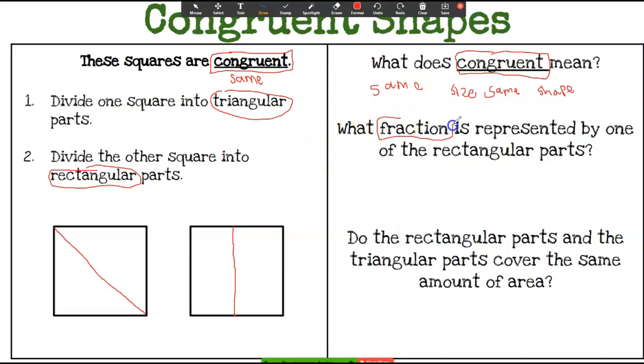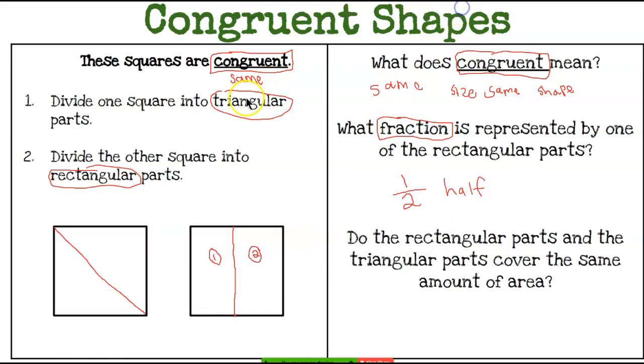Let's go ahead and draw our fraction line. How many total pieces do I have here? I broke this into 1, 2. I have 2 pieces. And one of those rectangular pieces makes up half of that square.